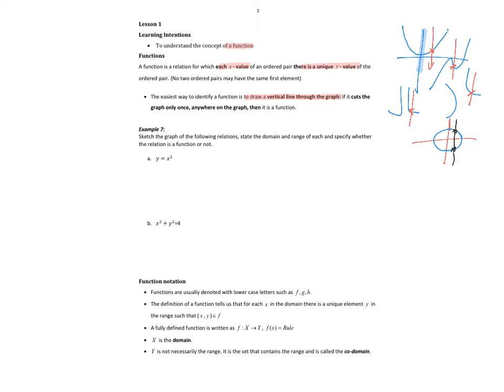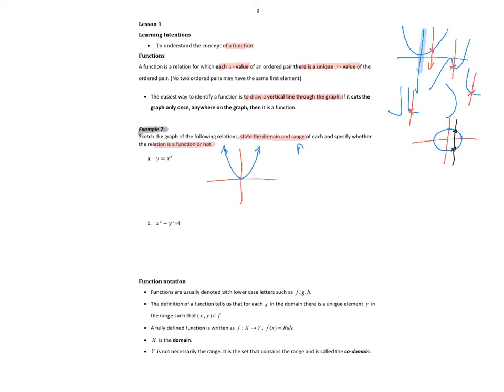So let's have a look. Example 7. Sketch the graph of each of the following relations, state the domain and range, and specify whether the relation is a function or not. So a few things there we have to do. We have to state the domain and range and specify if it's a function or not, okay? So very quickly, x squared, nice easy one to sketch. So there's a graph of x squared.